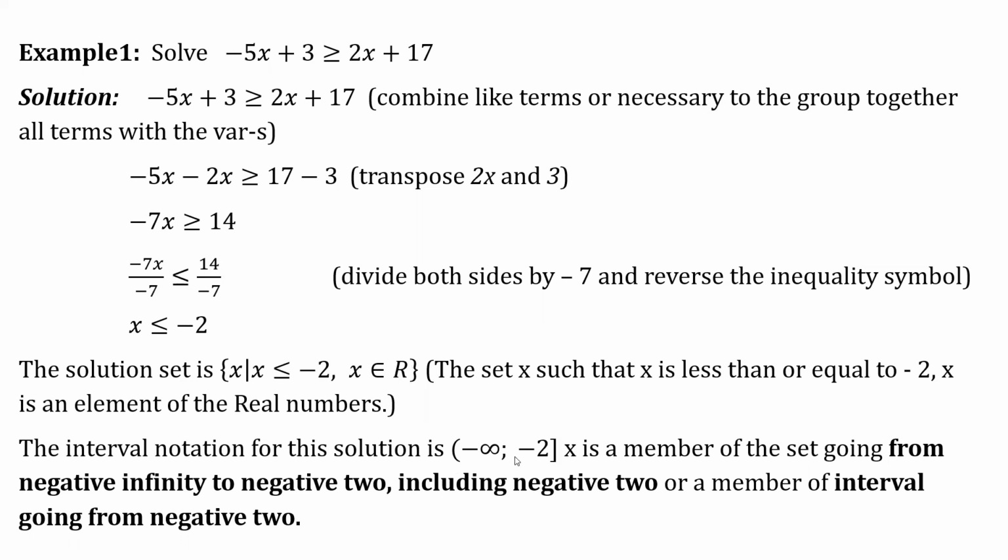The interval for this solution is x a member of the set going from negative infinity to -2, including -2, or x a member of the interval going from -2.